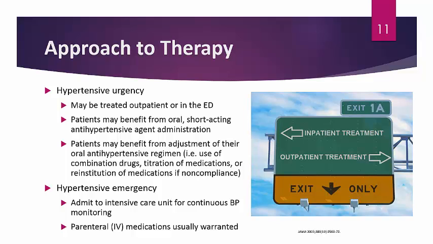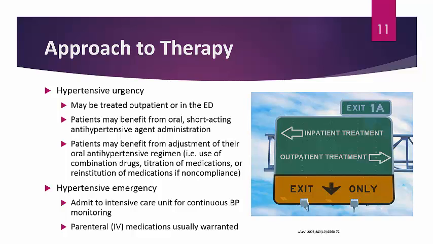Hypertensive urgency can be treated outpatient or in an emergency department and only requires oral or short-acting antihypertensive agent administration. Patients may benefit even from an adjustment of their current oral antihypertensive regimen, and this can include use of combination medications.